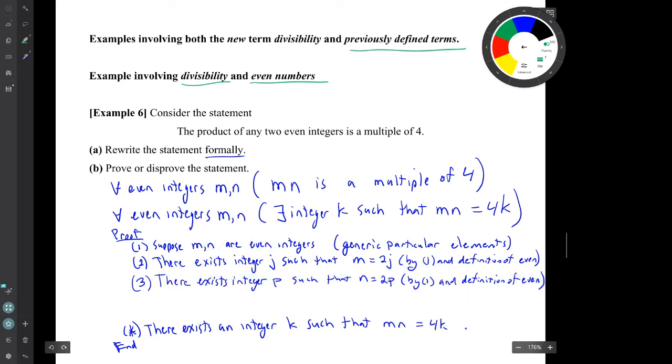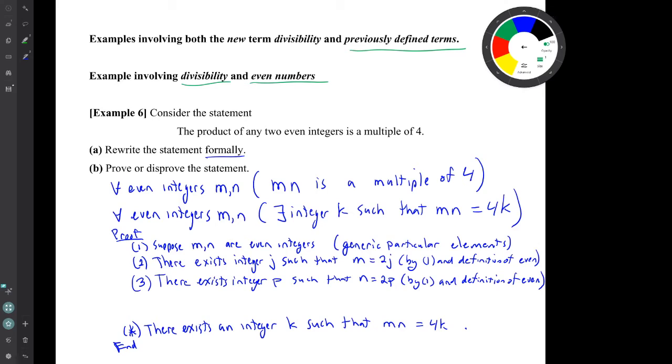Now notice, the definition of even when we first started talking about even numbers was that a number is even if it can be written as 2k for some integer k. But I didn't use the integer k. I used the integer j in statement 2 because k was already used up. I had already used the letter k in that last statement. And when I came to statement 3, I couldn't use j or k. I also couldn't use m or n because they've been used. I had to come up with some other letter that could play the role of my integer.